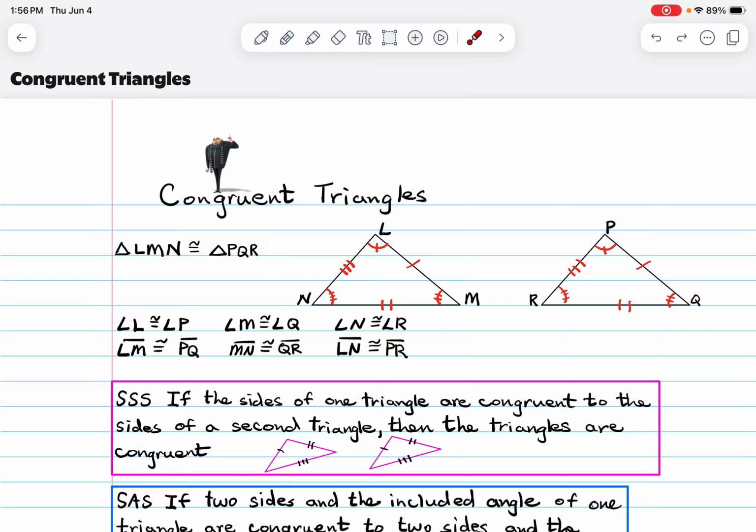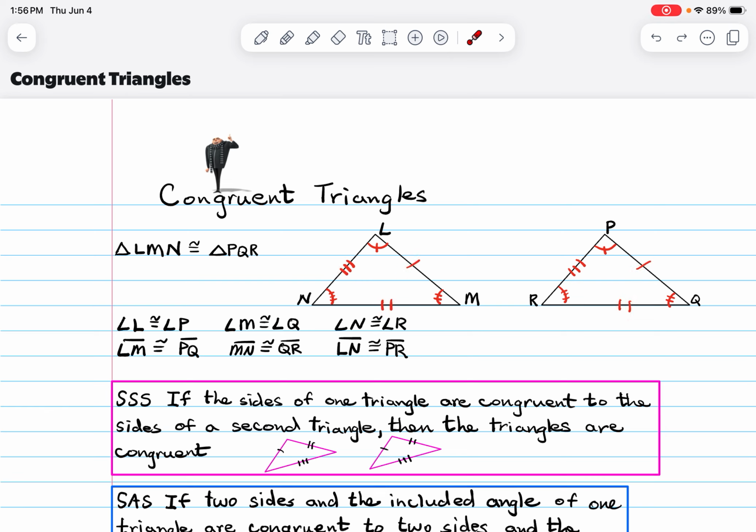M corresponds to Q. Those angles are congruent. And notice the arc with two lines. And then finally, N is congruent to R, and I put three lines there on both of those. So each of those angles are congruent, and likewise the sides. This side corresponds to this side to this side, and finally the other side.